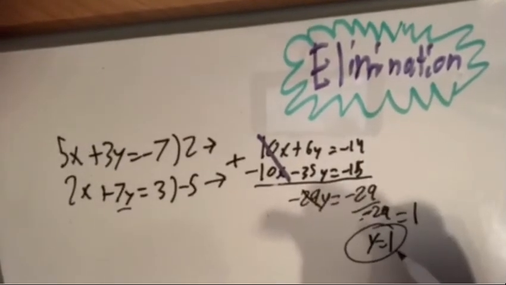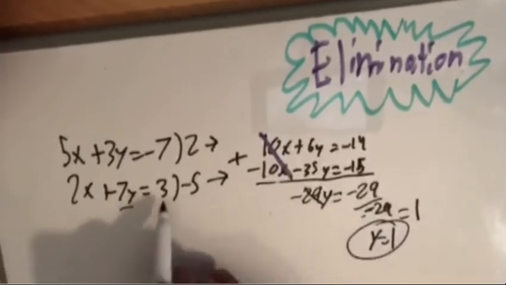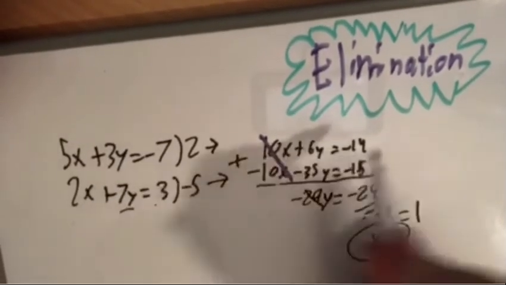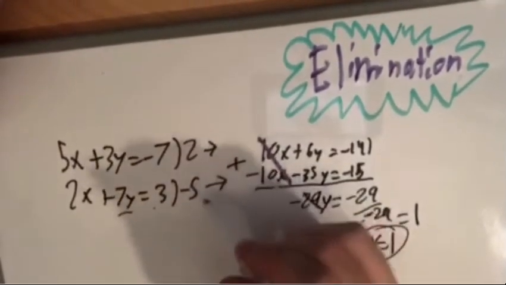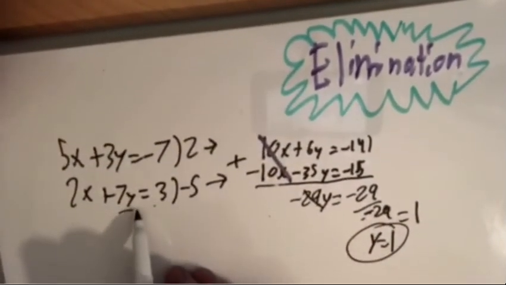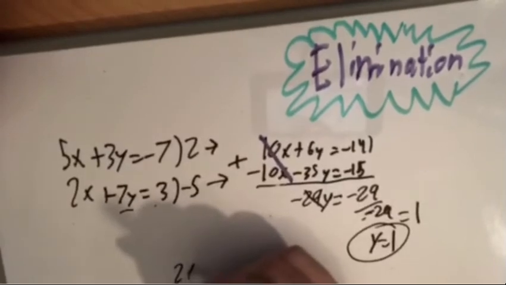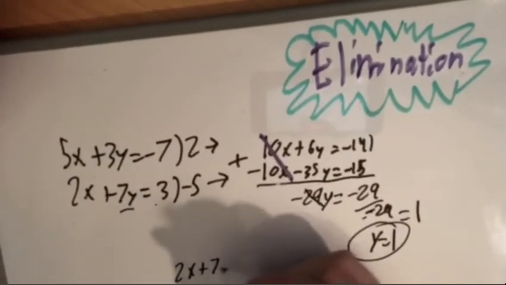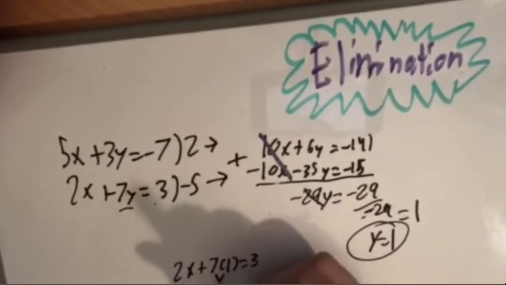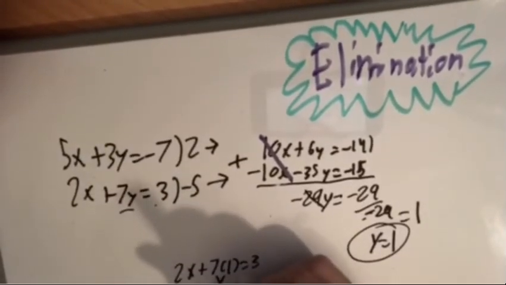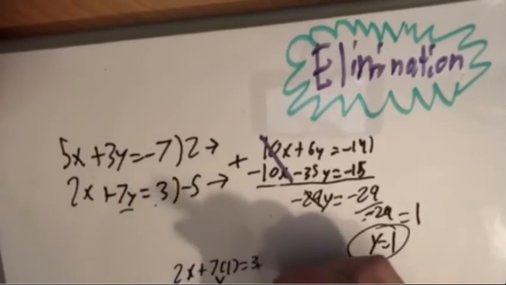So we're going to take this 1 and plug it into an original, not our new one. This is a remake. This is what we created. We're going to plug it into the original. We're going to do the bottom one because this one's easier. So we're going to do 2x plus 7 times 1 equals 3. So we have 2x plus 7 equals 3.